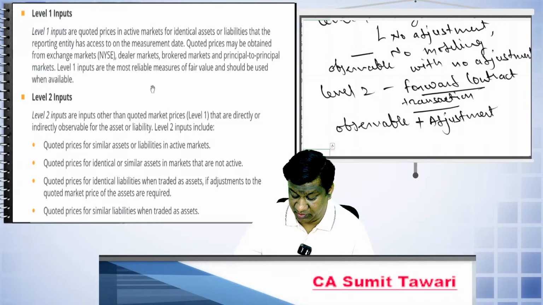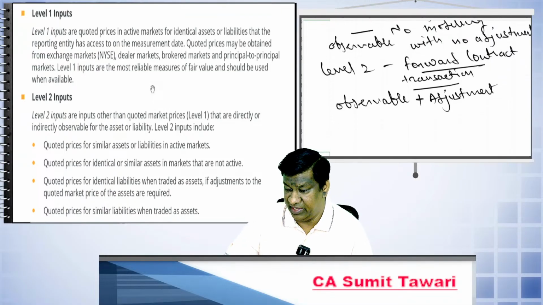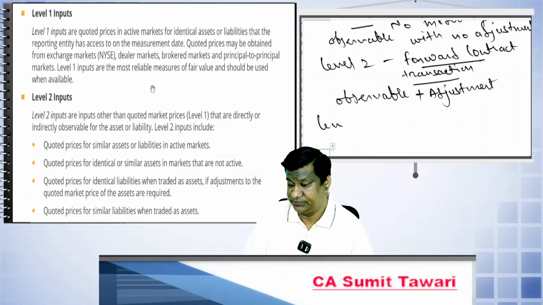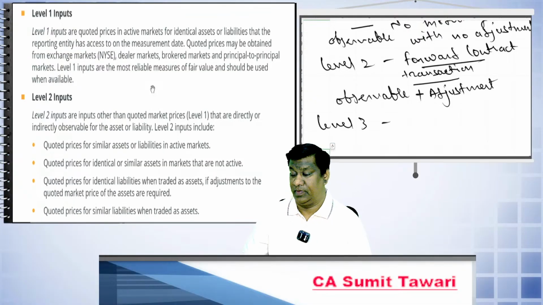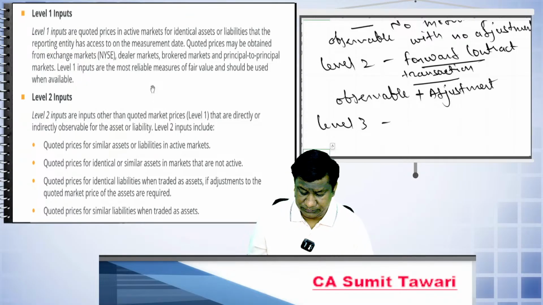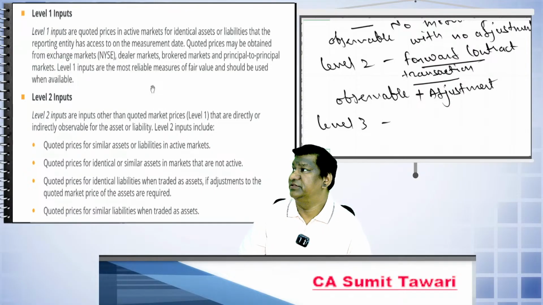And the third one, level 3 input. Any example? Any guess?